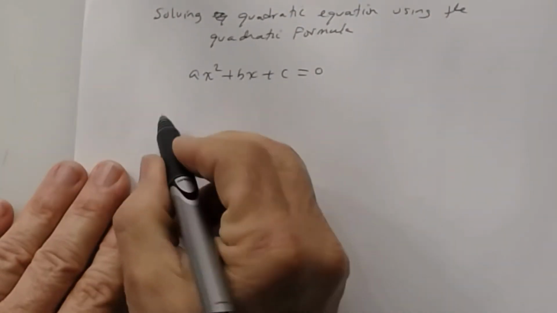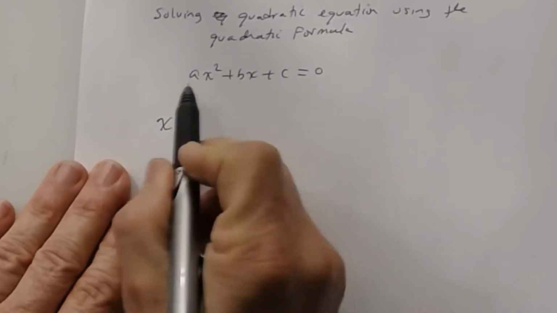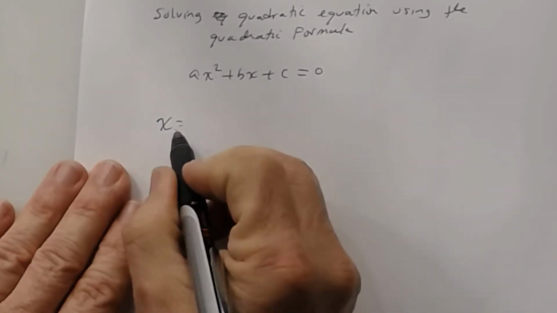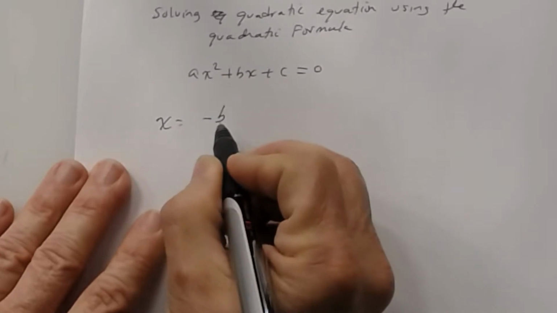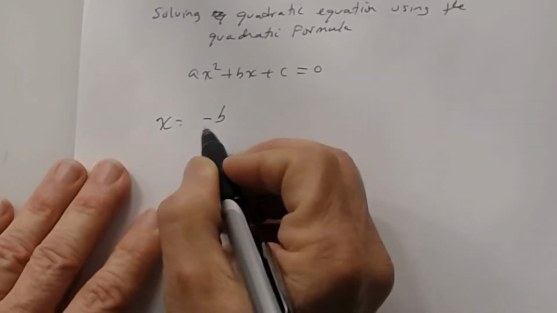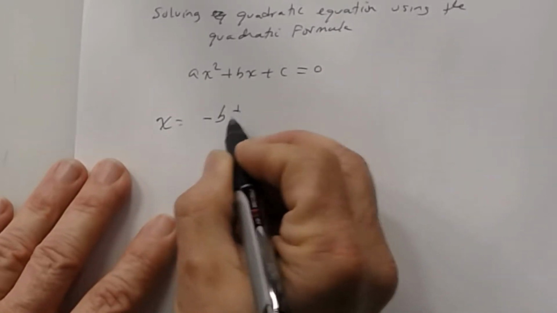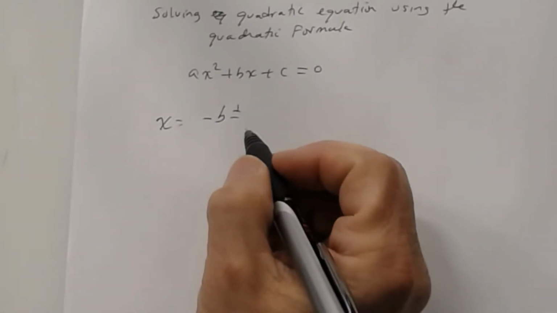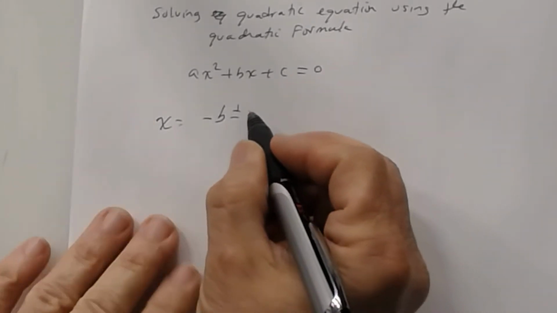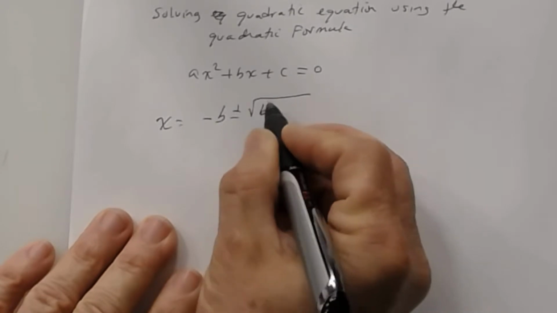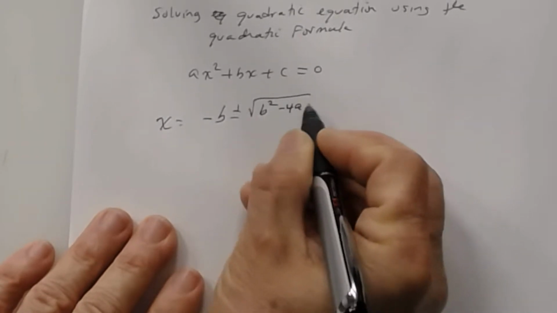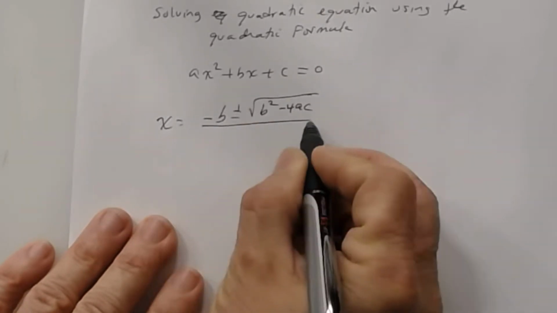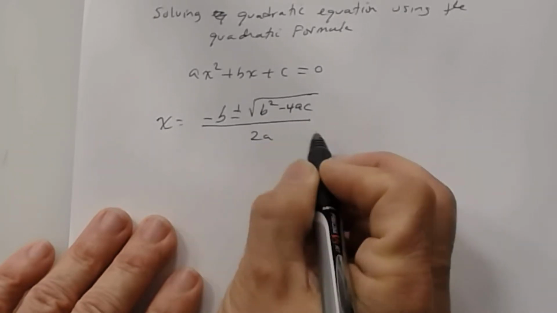So here's the formula. The solutions of this quadratic equation will be x equals the opposite of b, negative b, plus or minus, remember that plus or minus, the square root of b squared minus 4ac, all over 2a. All over.